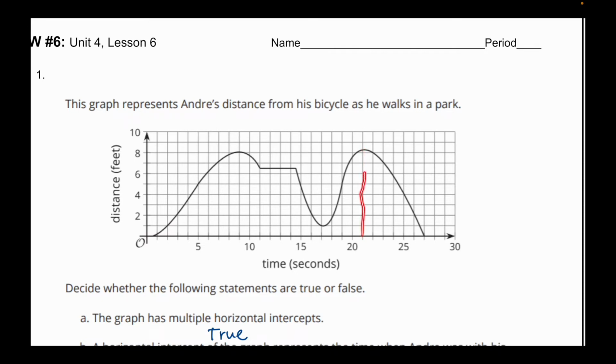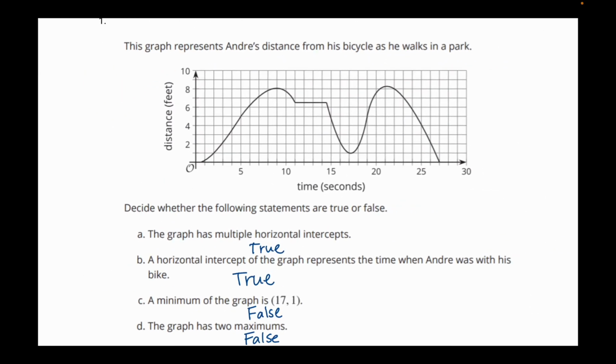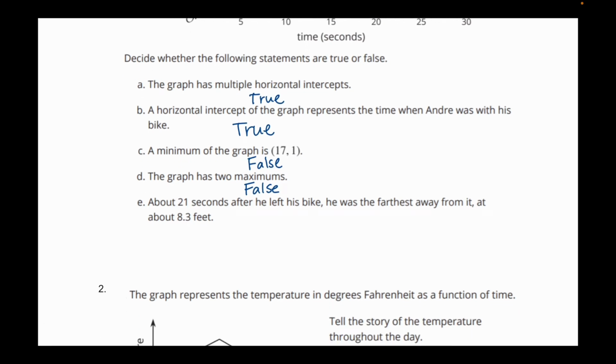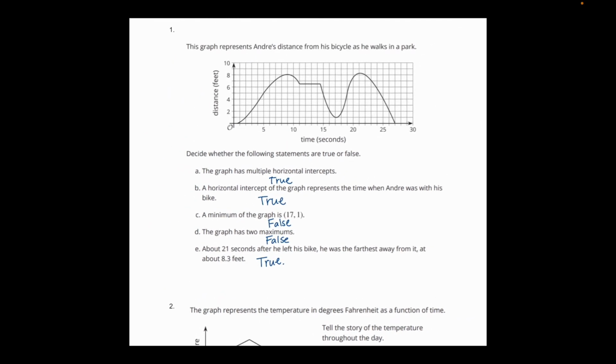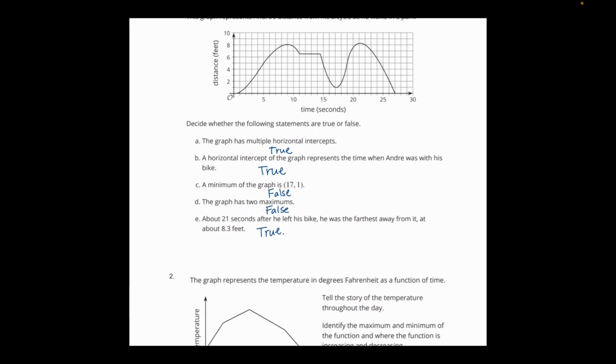So from 21, we go up here. Let's draw this over. This does look like it lands very shortly above 8. So yeah, we can say that's true. 8.3, sure. And so we are going to say that yes, this statement is true. And that's question 1, just interpreting some information about that graph.